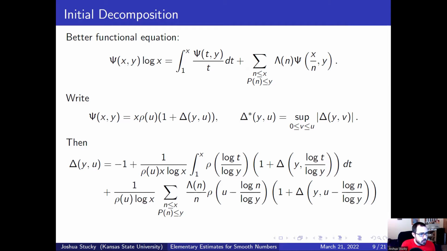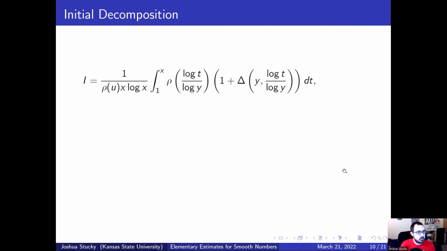So what I'm going to do is write this as the following. It's going to be an integral, I, which is just this whole integral, an L, which is going to be a sum over n which are large, and then a sum over small values with this multiplied by this thing, S, and then a sum over small values without this thing, which is going to be my main term, M, and then I have the -1 from up here.